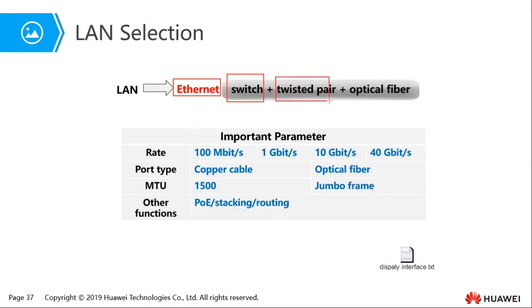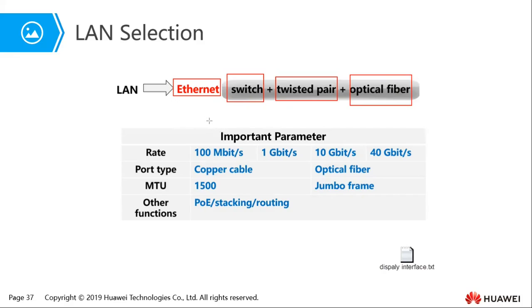We use either twisted pair cables for interconnection, especially between the access devices, and also between the access switch and the device, and also sometimes between the access switch and the aggregation switch. And we also use optical fiber either between the access and aggregation, or between aggregation and the core layer switch or router.